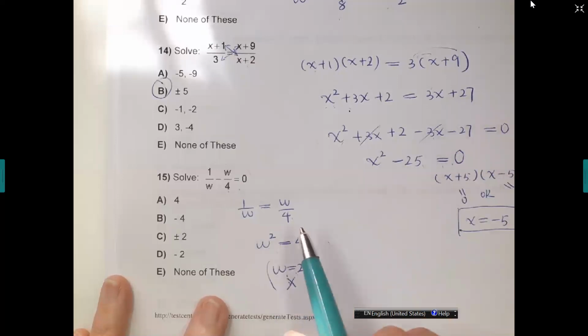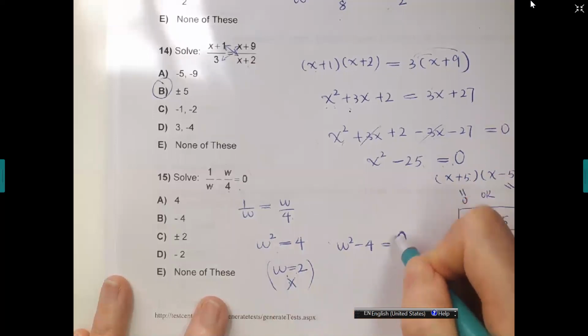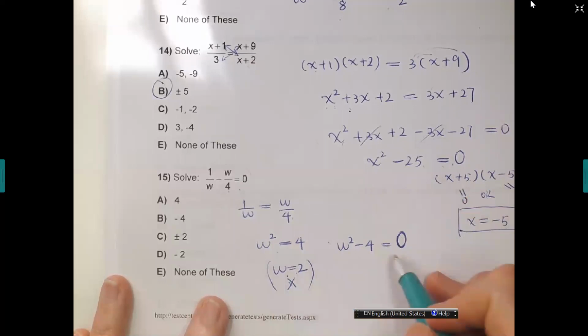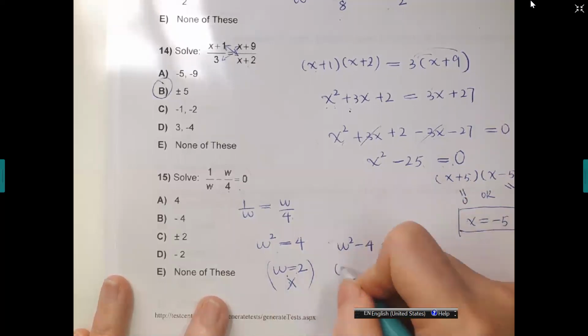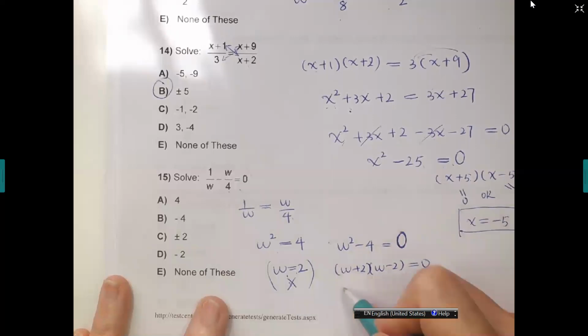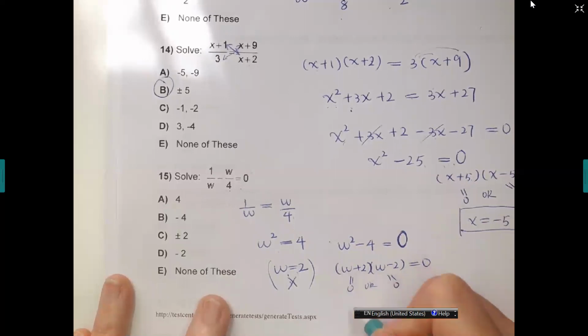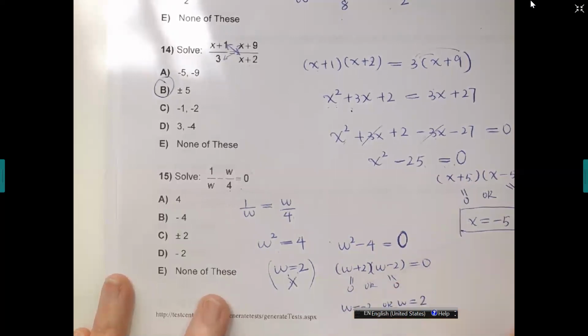I move everything to the left. I have W squared minus 4 equals 0. We want to have 0 on the right, so we move everything to the same side, then factor the left side. When we do the factorization, I get W plus 2 and W minus 2 equals 0. Either factor can be 0, so you will never miss any answer here. So W equals negative 2 or W equals positive 2.